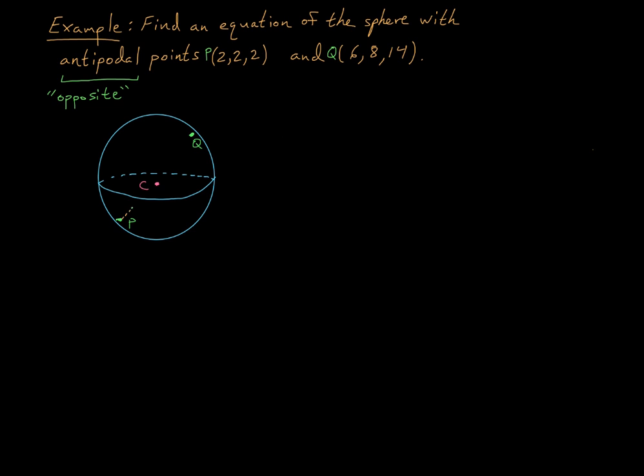So if I, in other words, drew a line from P through C and then I kept going, I'm going to exit out of the sphere at the point Q. Okay? So our job is to find the equation of this sphere. And of course, the two things we need to know are, well, one, what are the coordinates of the center? And then two, right, what is the radius of the sphere, okay?